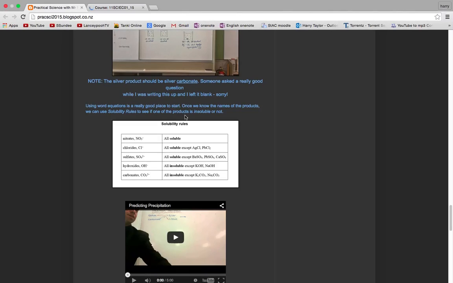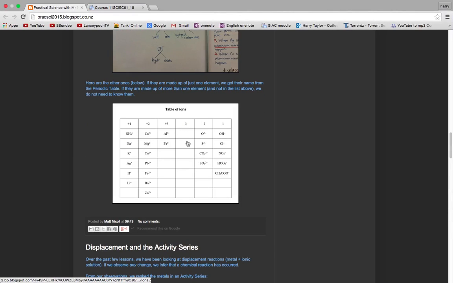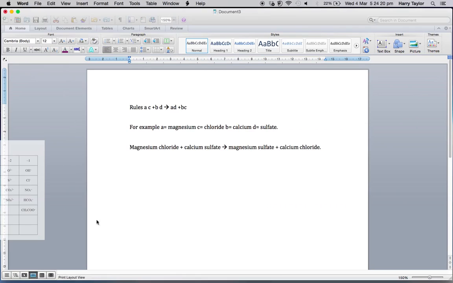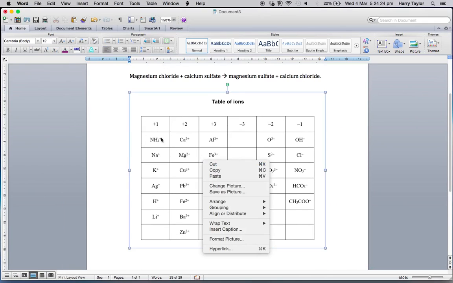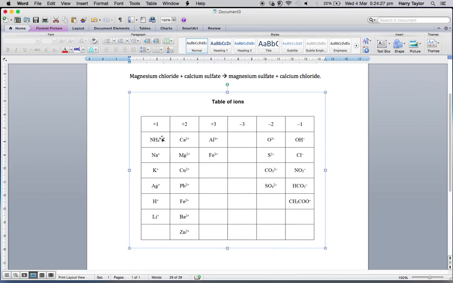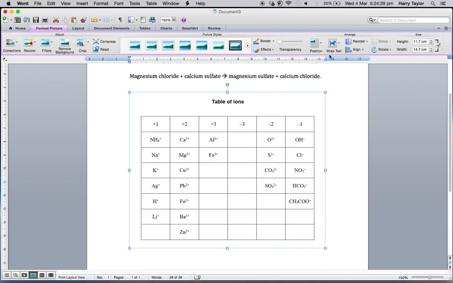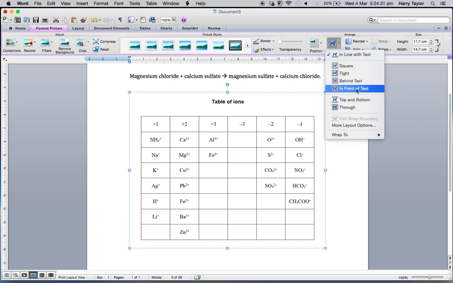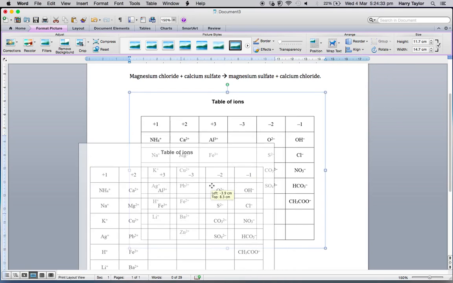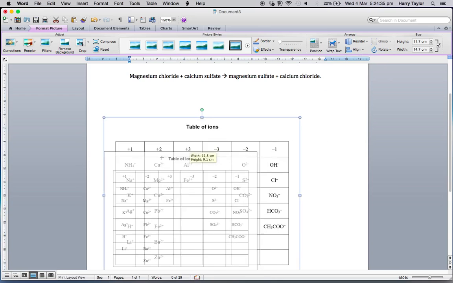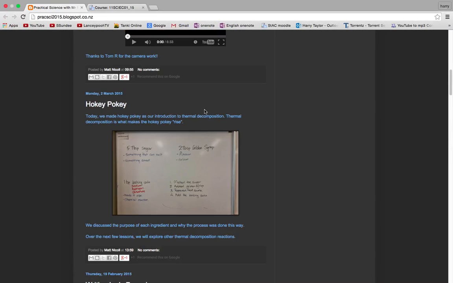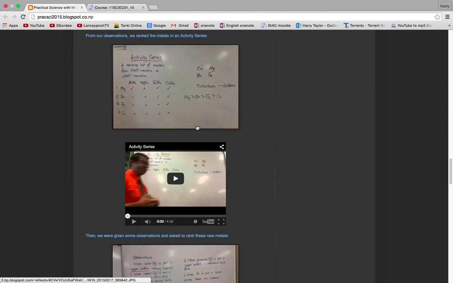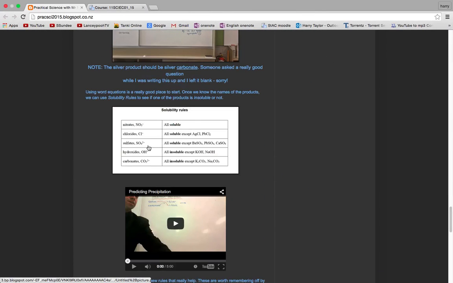Put the science. So here we have two tables. That's the ARM table, and the solubility rules.